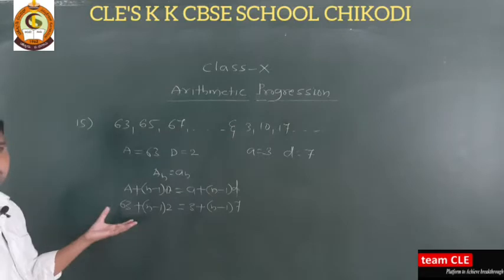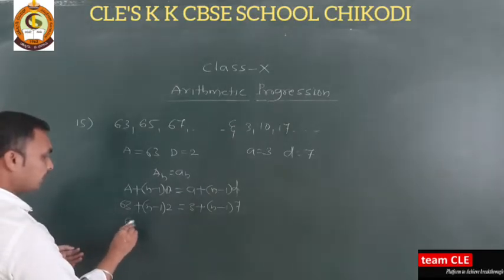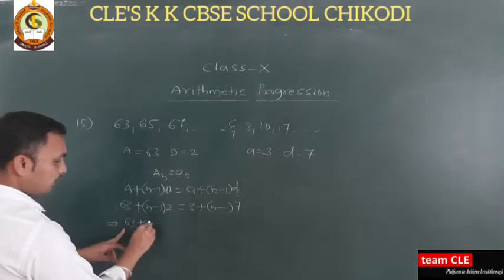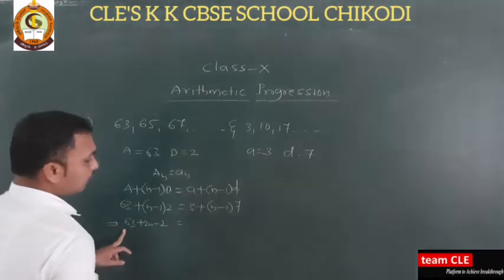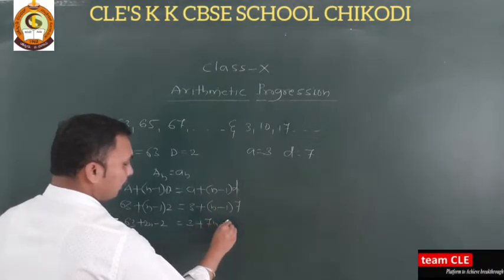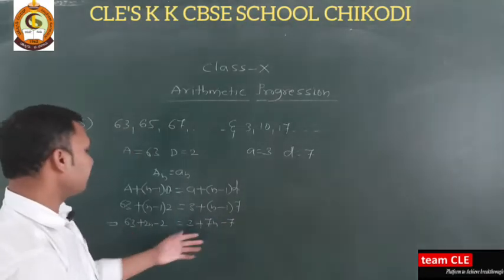Now just you can see here, dear students. This 63 is as it is, so we have 63 plus 2n minus 2. This is equal to 3 as it is, plus 7n minus 7. Once you do this, equate all the terms.